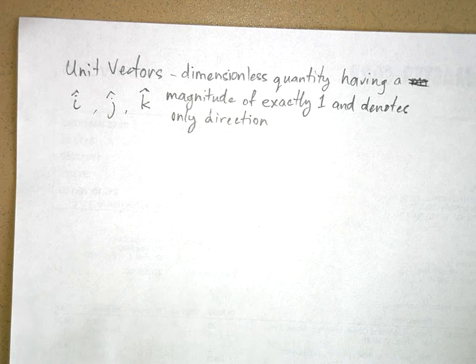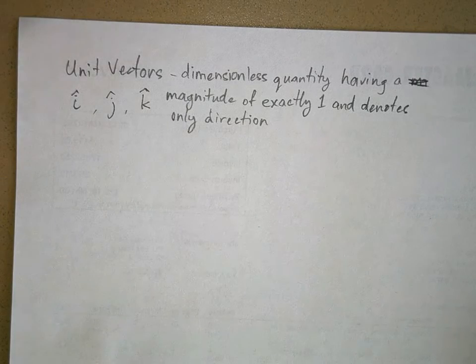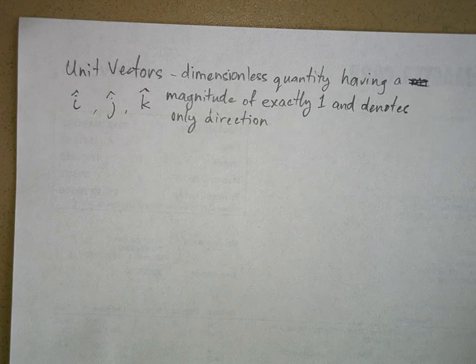So really that is essentially the use of the unit vector. The unit vectors of i hat, j hat, k hat, and any unit vector ever. Okay? All they do is note direction.